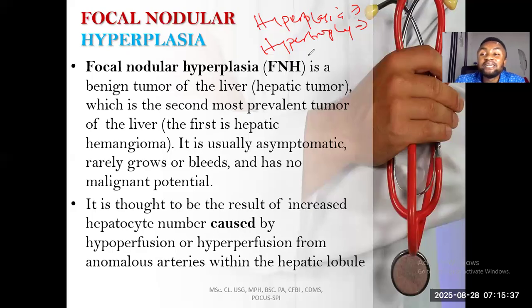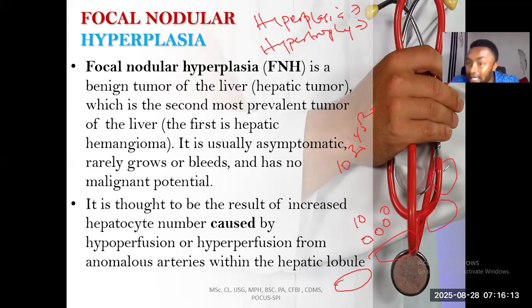Hyperplasia is the increase in the number of cells. If the cell number is supposed to be 10, I'm giving an example, but now they are increased to 30, 40, 50 and above, we call it hyperplasia. The cell number has increased. What about hypertrophy? Increase in the size. The cells are still 10, but the size has increased.